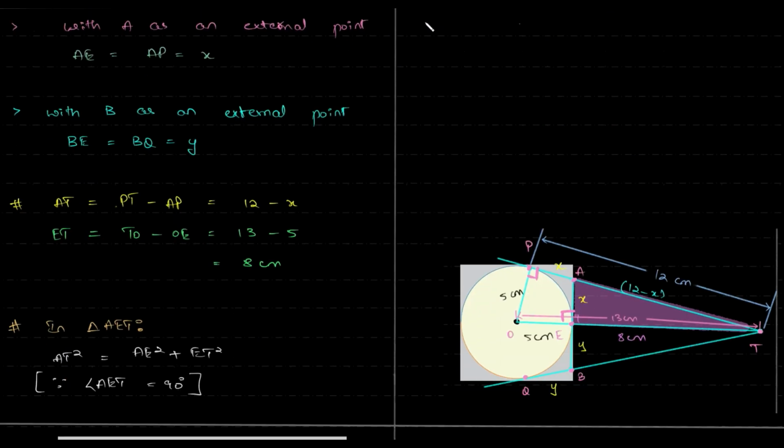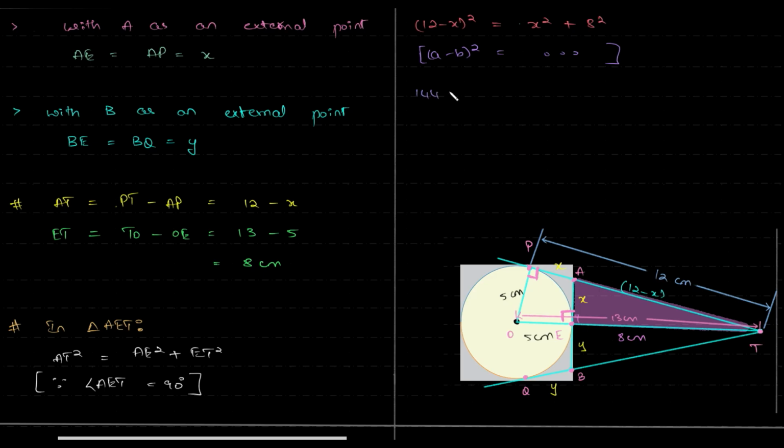So AT is what? 12 minus x the whole square. This is AE, x square, plus ET, 8 square. And for the calculation we have a minus b the whole square, which is equal to so on and so forth.